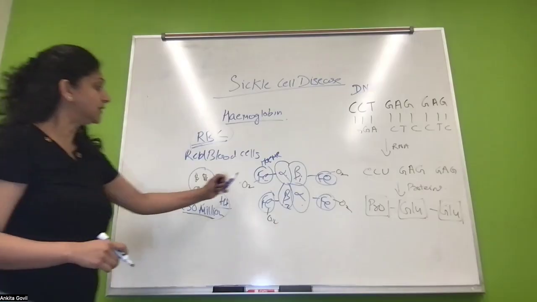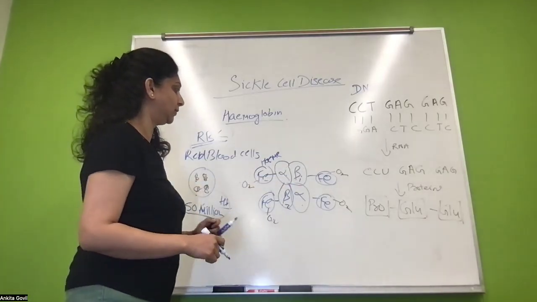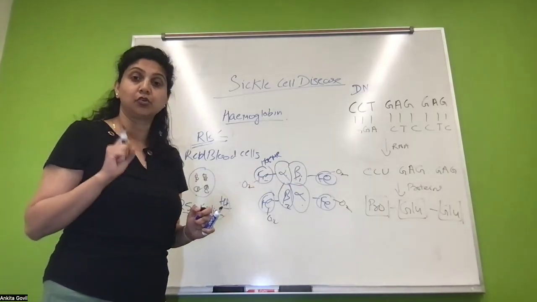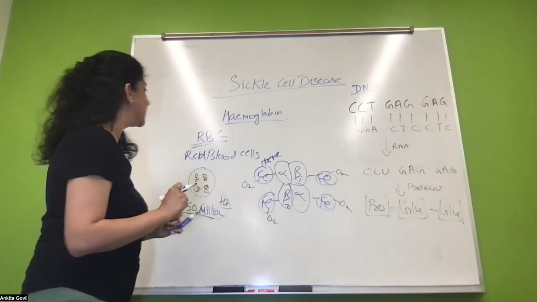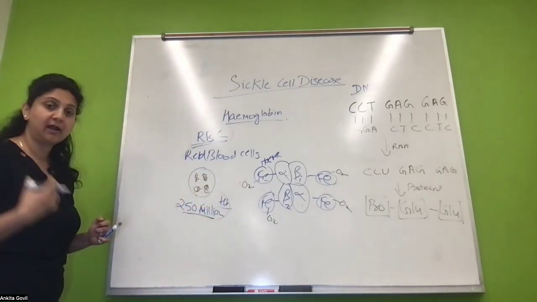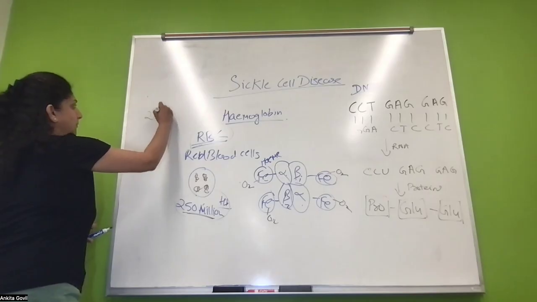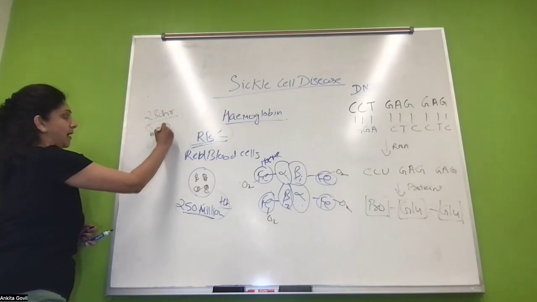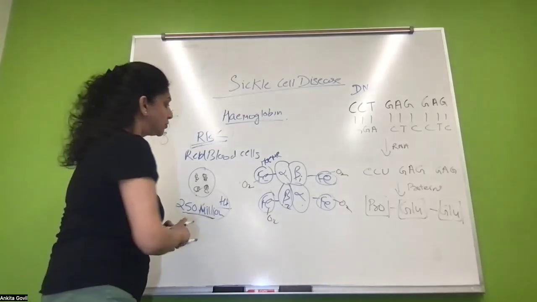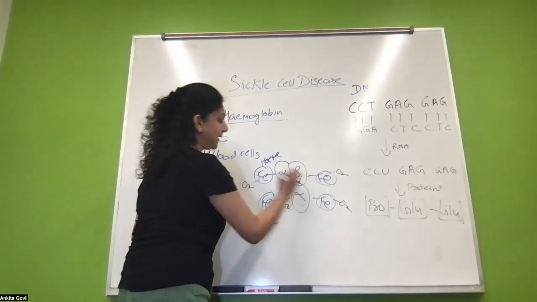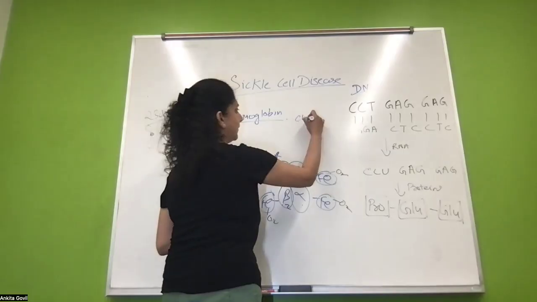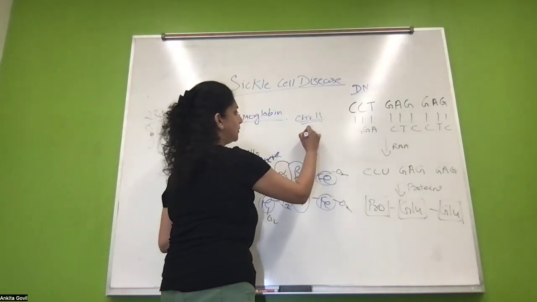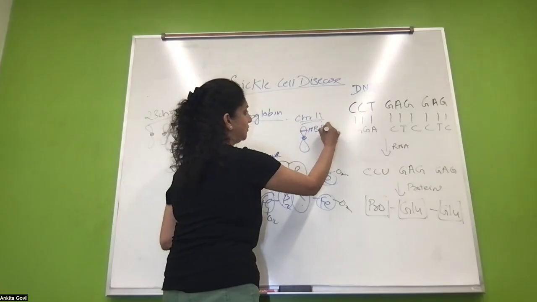So now this hemoglobin molecule is coded by different chromosomes in our body. We all know that we are made of 23 chromosome pairs. One set comes from mom and one set comes from our dad. All right, so the beta chain is coded by chromosome number 11. Chromosome number 11 has a gene called the HBB gene.